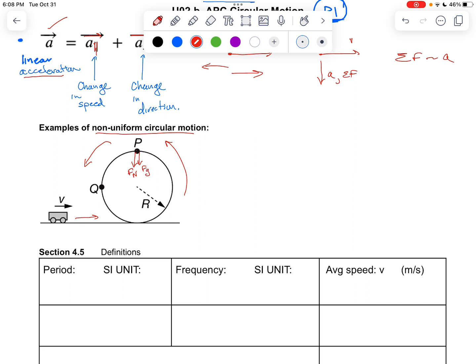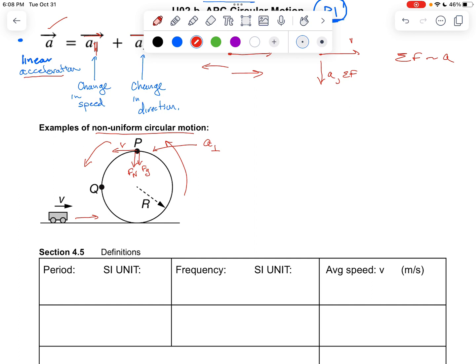If my car is moving in that direction as it's doing its loop-de-loop, we see at point P, we can only associate these forces with a perpendicular component of the acceleration, because there's no component of that force that acts either with the velocity vector or against it to cause it to speed up or slow down. So at that moment in time, we're just looking at a change in direction.